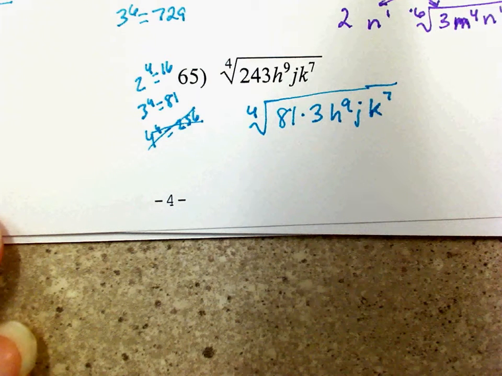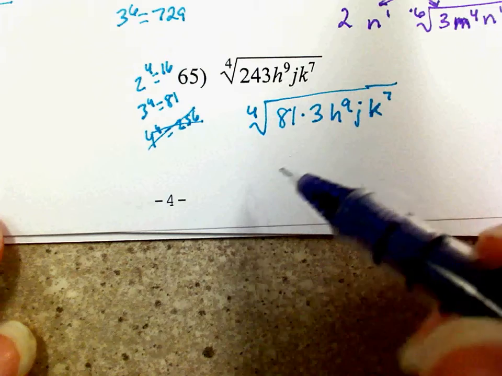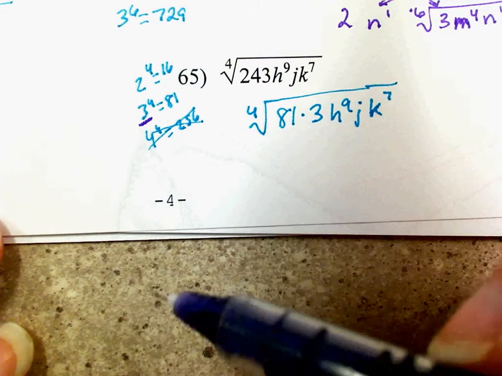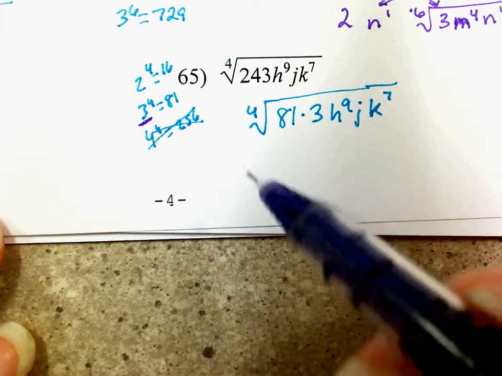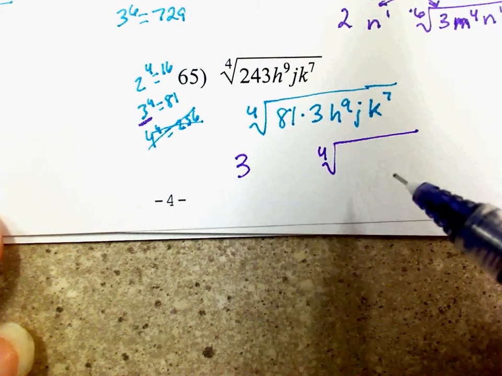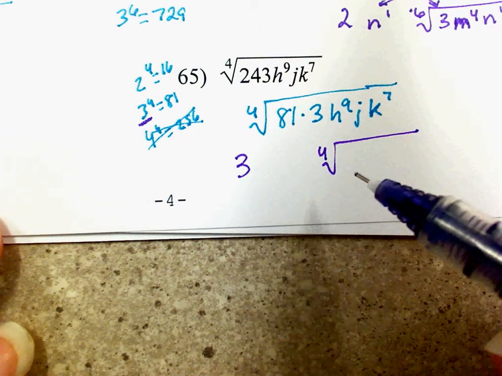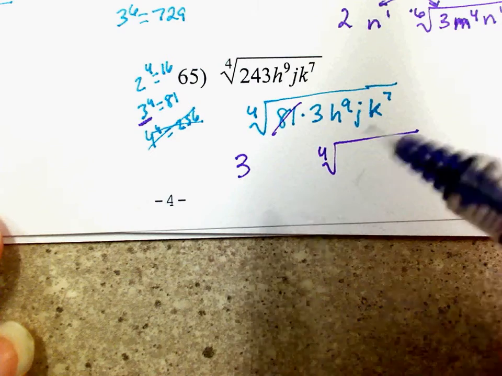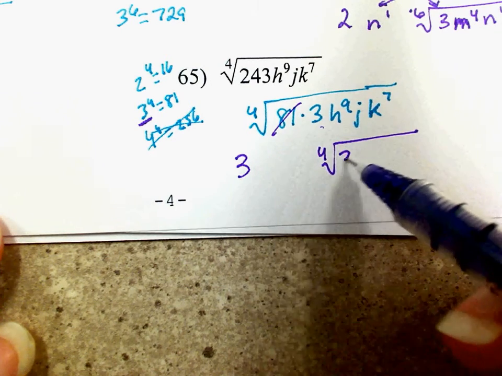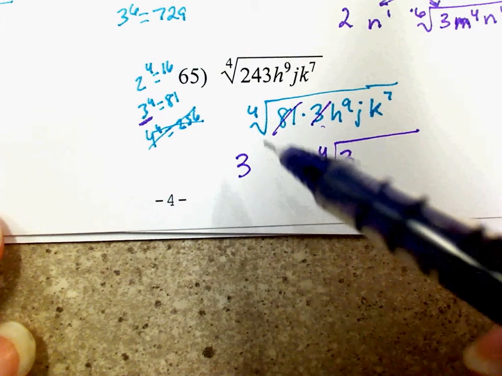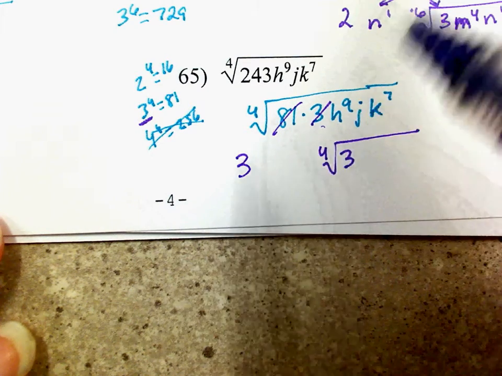What's the 4th root of 81? 3. So then I've got the 4th root with what left over on the inside? We took care of that, right? What's left on the inside? The 3. Okay, I asked myself what, guys? How many? 1 left over?